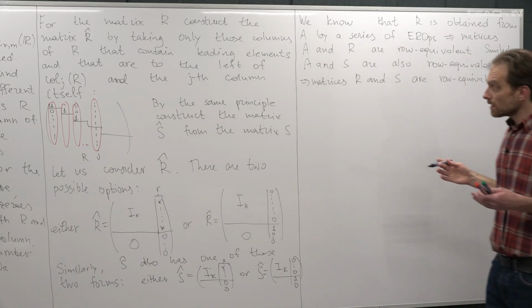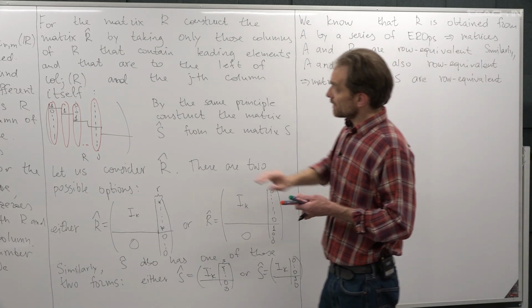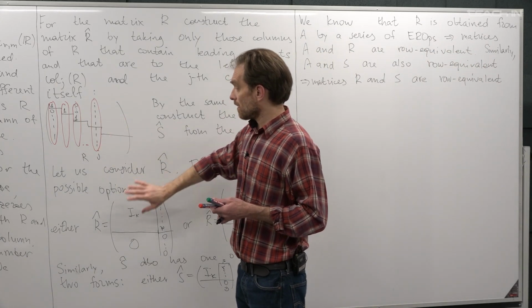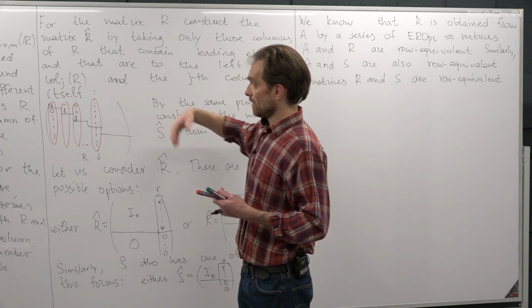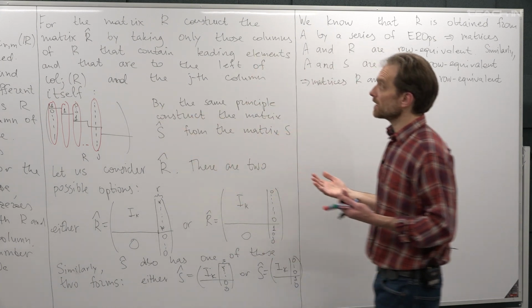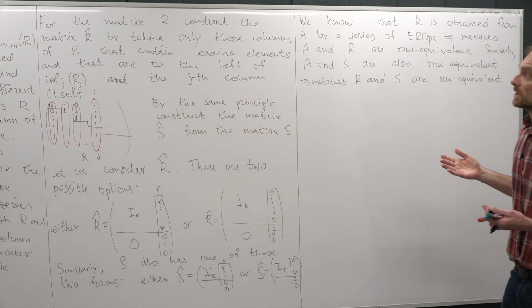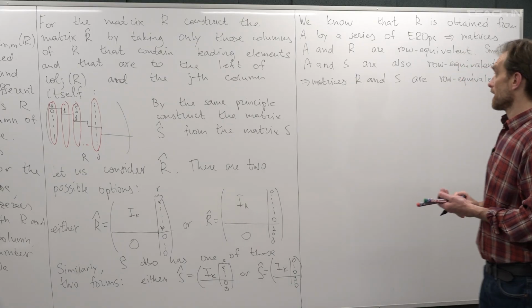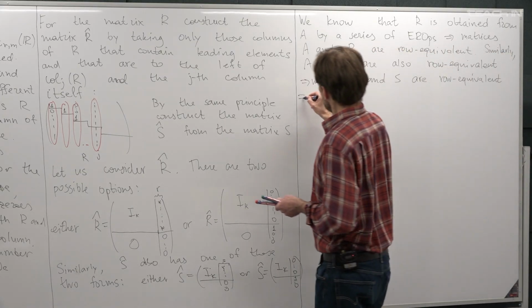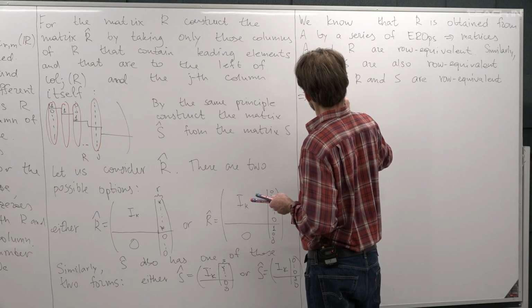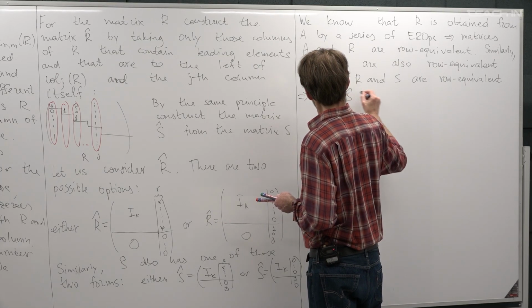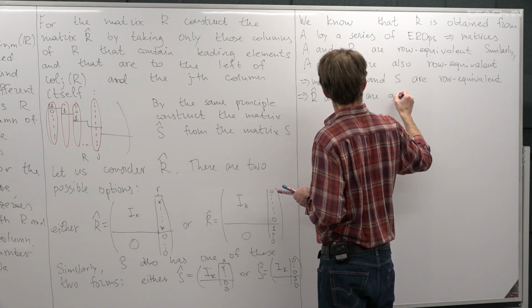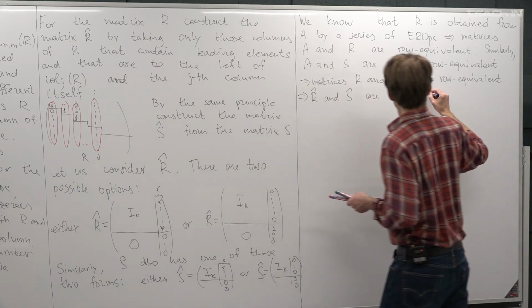Okay, and then we just excluded some columns of these two matrices, I mean of R and S, and by doing this we obtained matrices R with a hat and S with a hat. That's why R with a hat and S with a hat are also row equivalent.